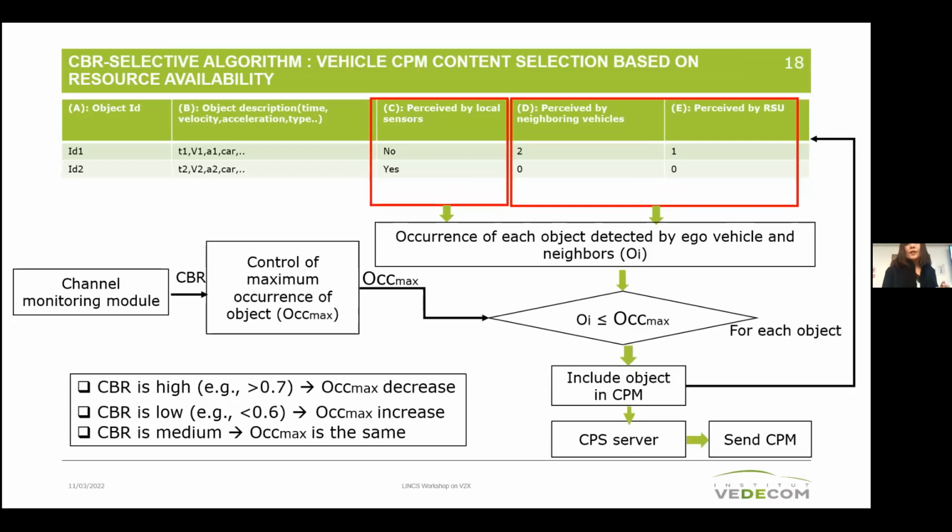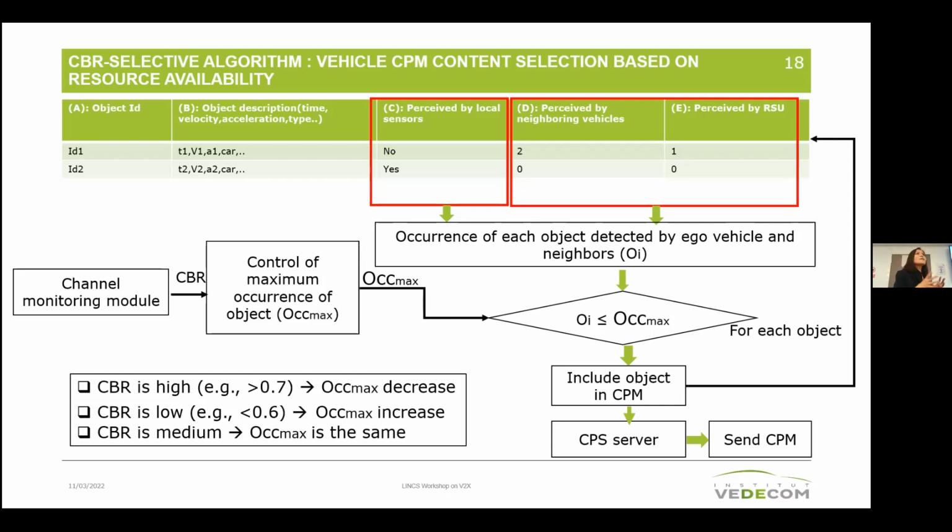The second algorithm is the CBR selective algorithm. It's similar, but CBR binary is quite aggressive in the sense that it doesn't allow any redundancy, which is quite extreme and not good for safety.